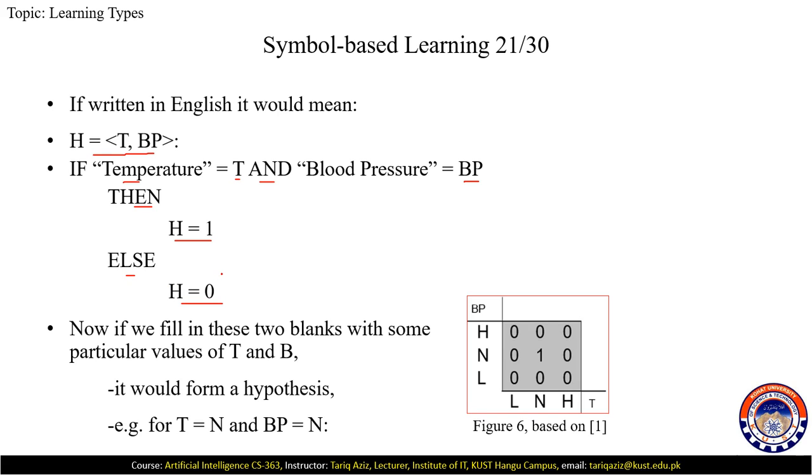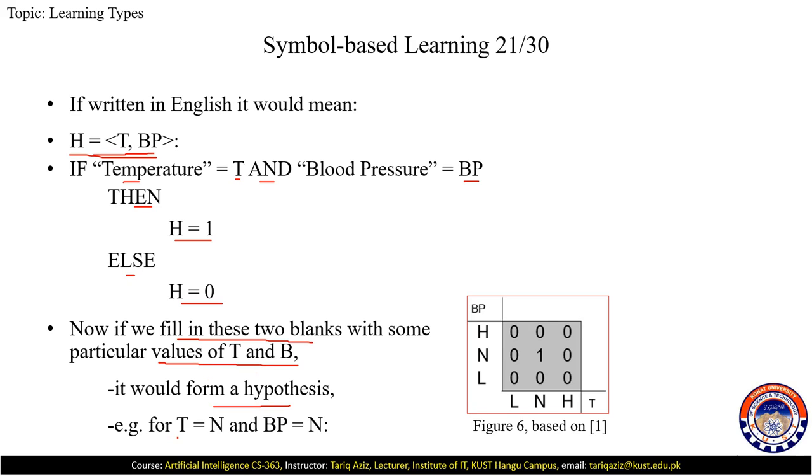Now this is the way of reading this whole statement. Now dear students, what we will do now, we will fill in these two blanks with some particular values of temperature and blood pressure. It would form the hypothesis.